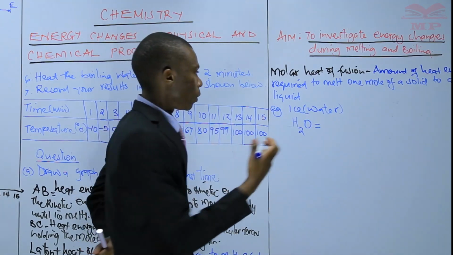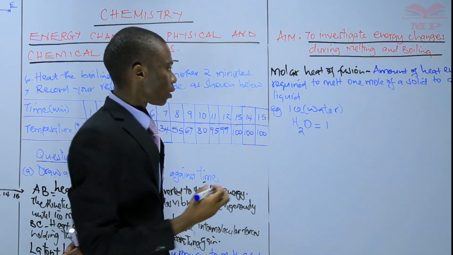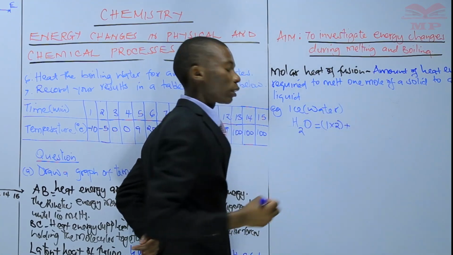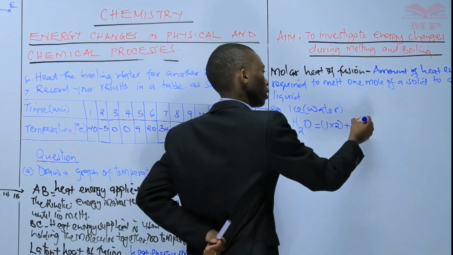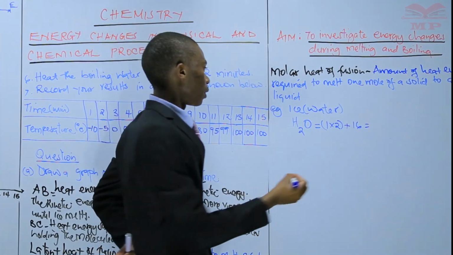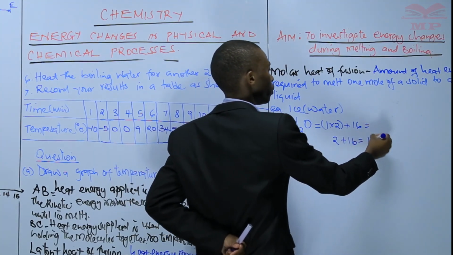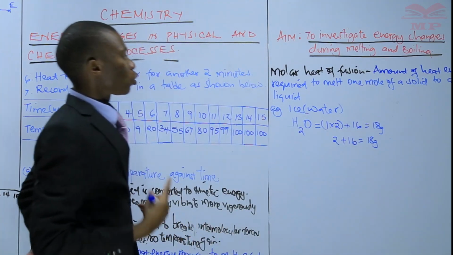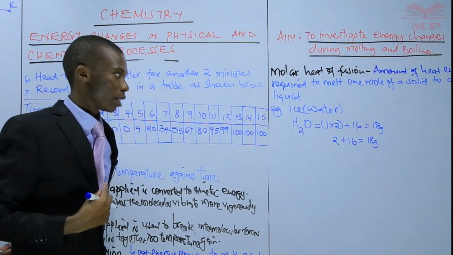Hydrogen has a mass of 1, and there are 2 atoms of hydrogen, so times 2, plus oxygen has a mass of 16 grams. When you add them together, this will be 2 plus 16, which will give you 18 grams. So 1 mole of water is 18 grams.